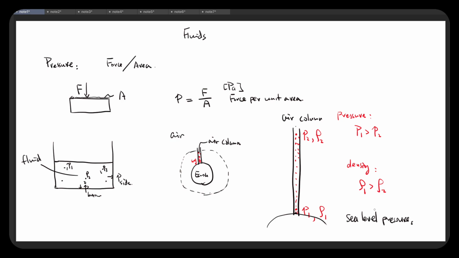We have a value called the standard atmosphere pressure.